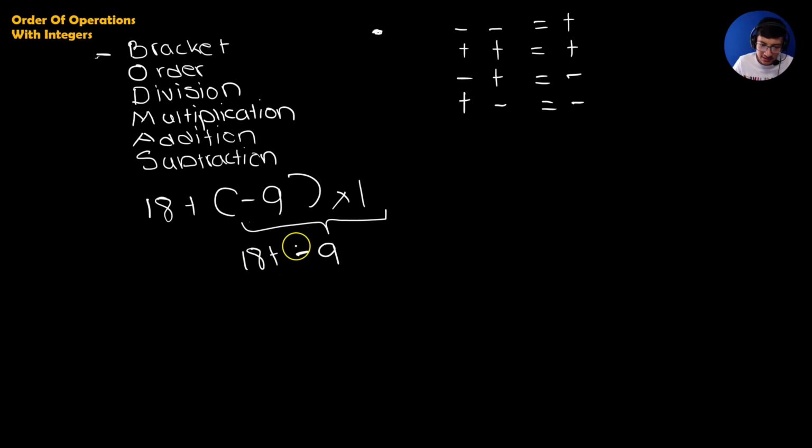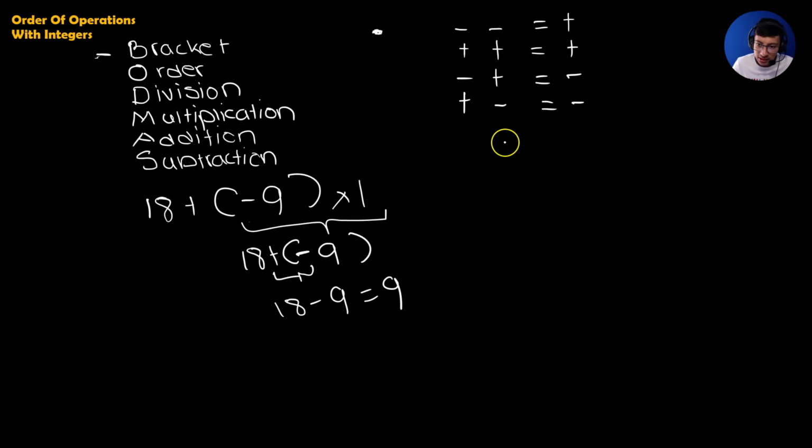Again, the brackets are just to make it easier to read. 18 plus -9: a plus and a minus equals a minus, so it's basically 18 minus 9 equals 9. It's that simple.